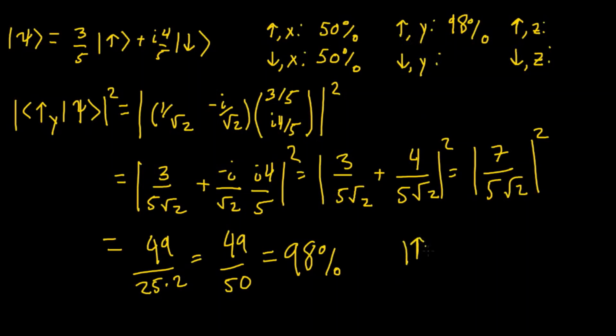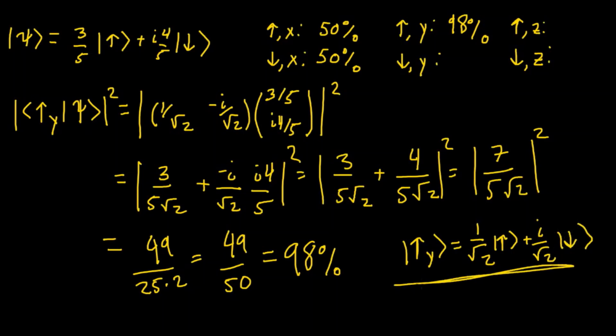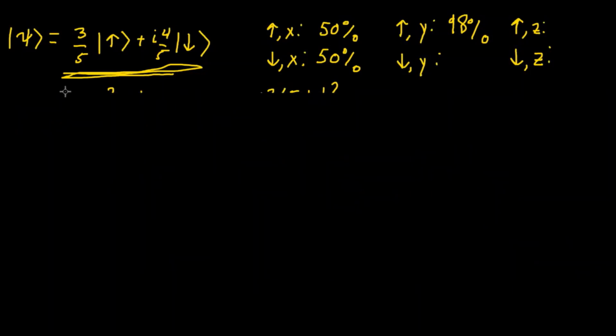And that's basically because the vector that's spin up in the y direction is this vector. And as you can see, this vector is actually very similar to this vector. And the inner product between two vectors is basically the overlap between the two vectors, or how much they're the same. And because those two vectors are almost exactly the same, we can see that this vector we've written down is almost perfectly pointing in the y direction, upwards.